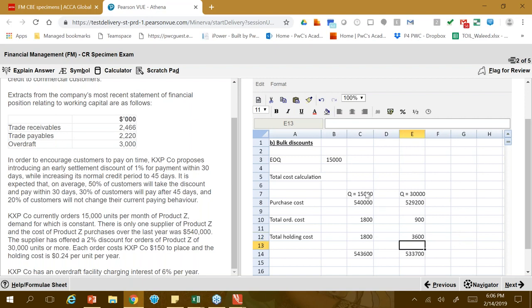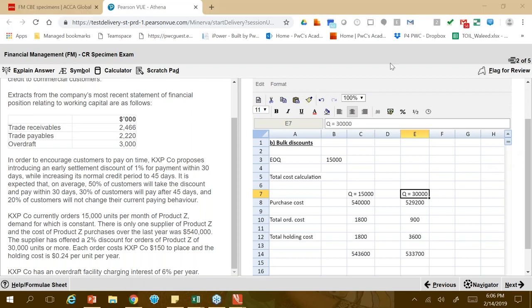So we've got a total cost of 543,600 under EOQ, and a total cost of 533,700 under the bulk discount quantity. Which of these quantities would you like to go for? Yes, avail the bulk discount quantity. Yes, agreed.